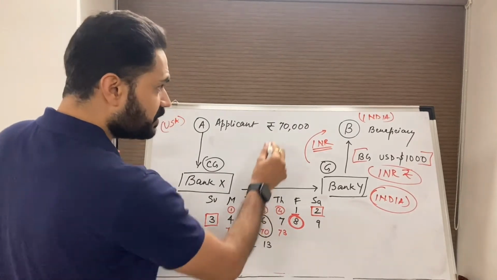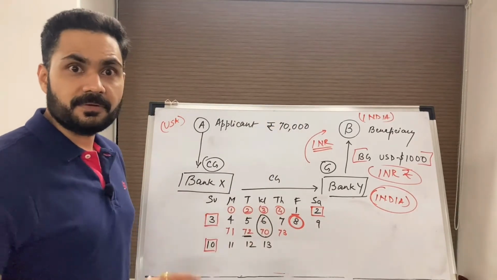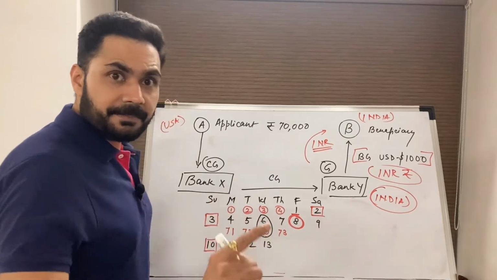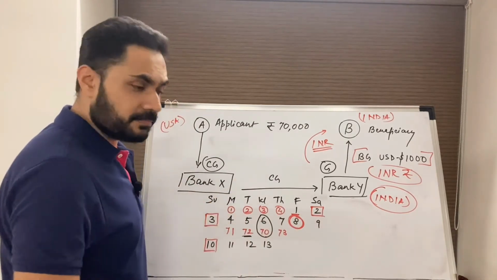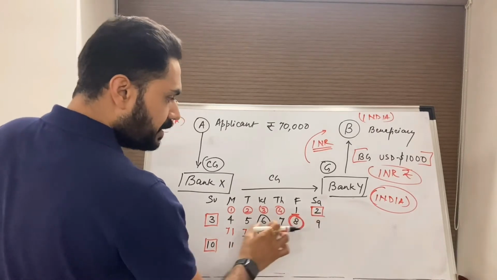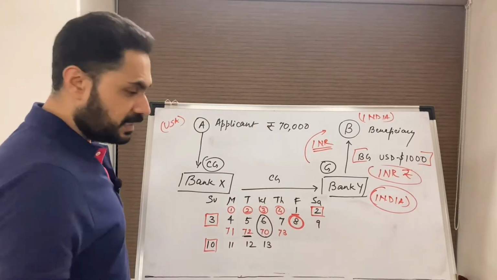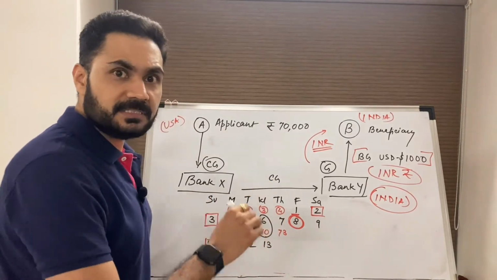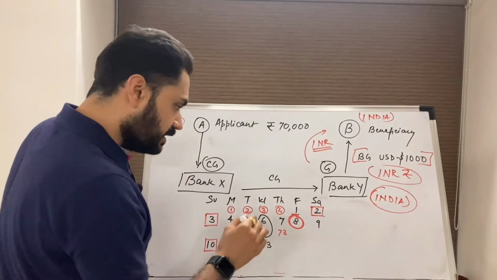In that case, the beneficiary would have got 72,000. No, since the guarantor is making payment within the time period permissible as per URDG, after checking the demand, the guarantor will use the exchange rate prevalent on the day payment is made.